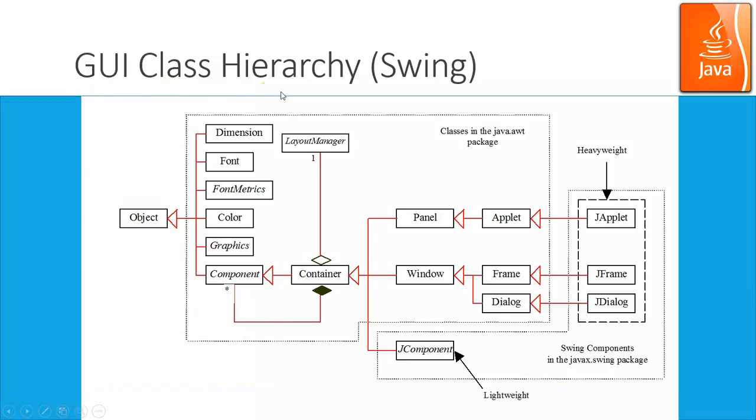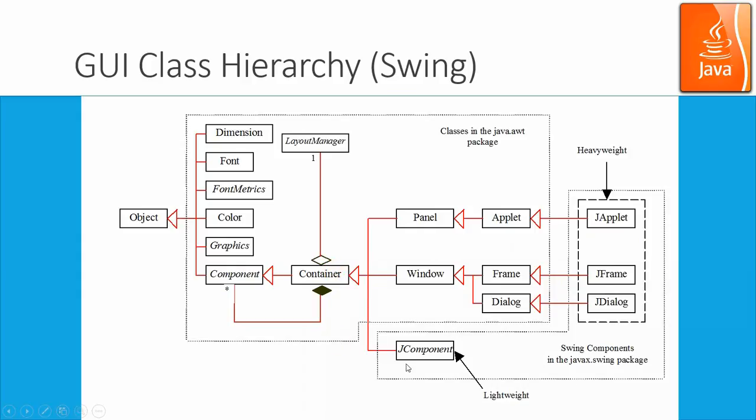Here is the GUI class hierarchy for Swing. We have the components over here, and then we have the Swing components over here. We have the AWT package as the core over here. So Applet, JApplet, JFrame, JDialog, or JComponent will be inheriting the applet, frame, dialog, or container.